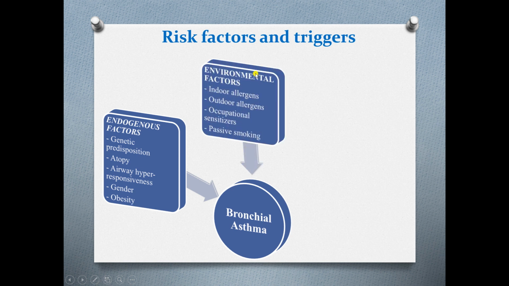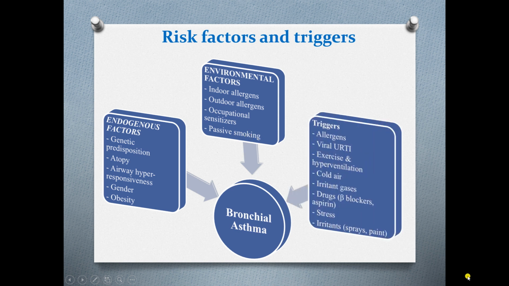There are certain environmental factors like indoor allergens, allergy to house dust, allergy to rodents. There are certain outdoor allergens like pollens or fumes, occupational sensitizers like exposure to heavy metals, and passive smoking, which would trigger the bronchial asthma.